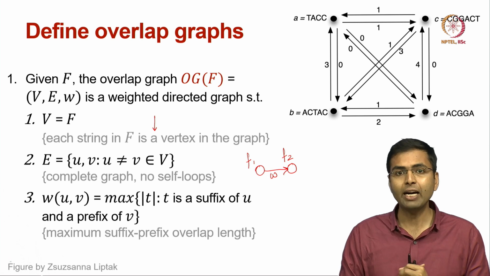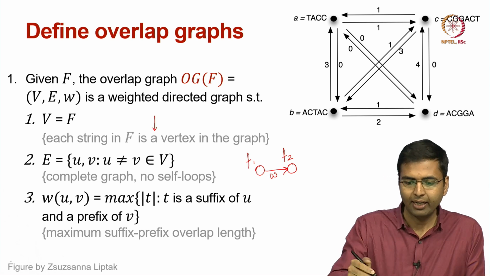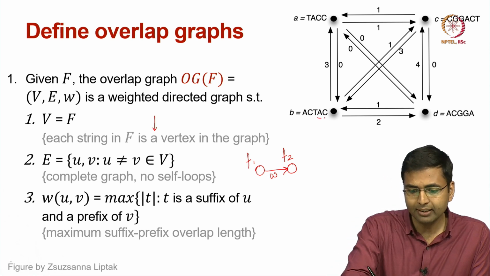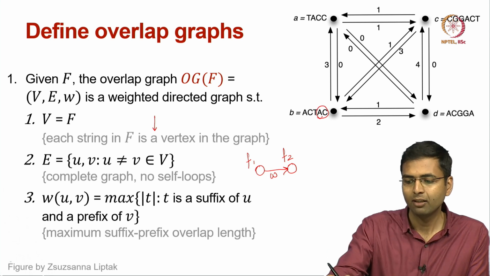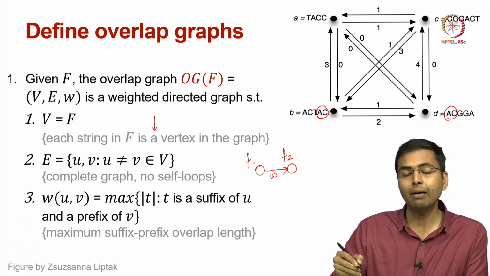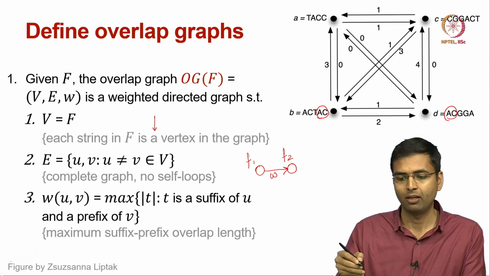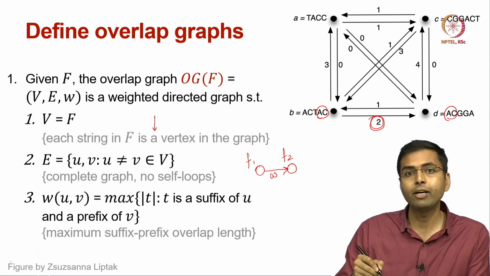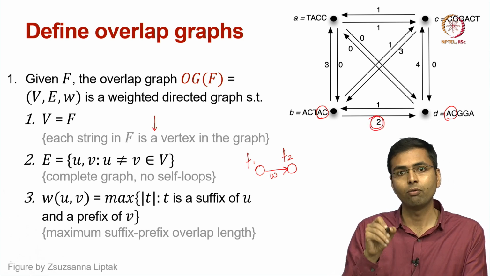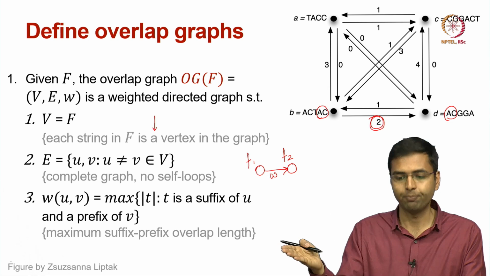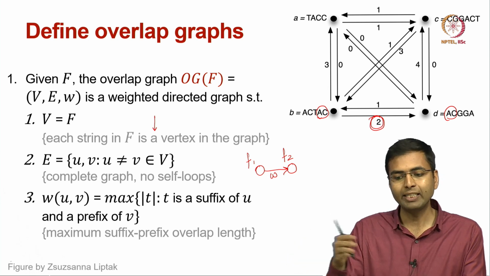For example, if you look at vertices b and d, then the longest suffix of b is ac, that matches the prefix of d. So, accordingly you have a weight of 2 for the edge going from b to d, and vice versa.